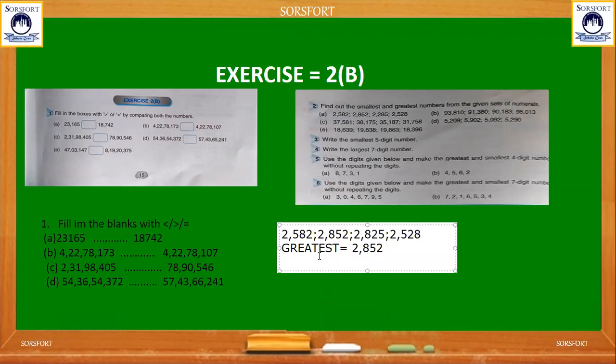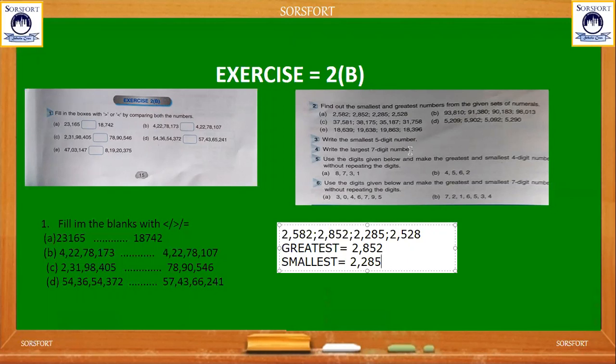The smallest will be... okay, it should not be 8. It should be 285. So the smallest will be 2,285. In this way, you have to do the next 3 sums.